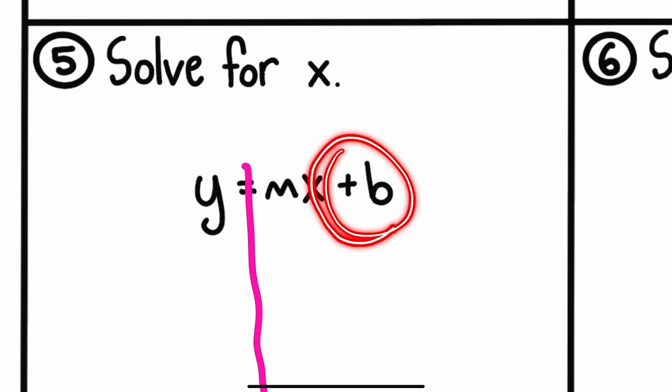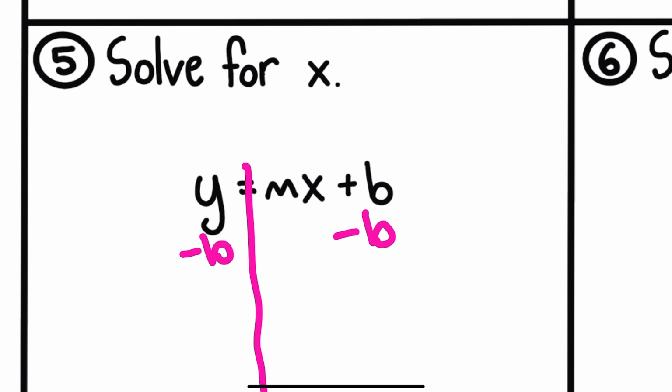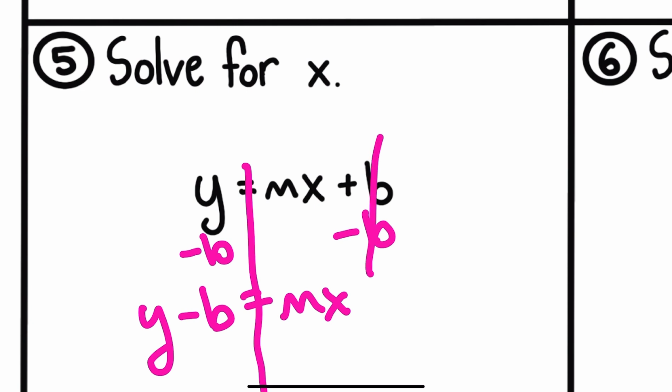So I'm going to try and get rid of this b first. It's being added on to my x. So I'm going to do the opposite, which is subtracting. But whatever I do to one side, I have to do to the other. This is going to leave me with y minus b equals mx.